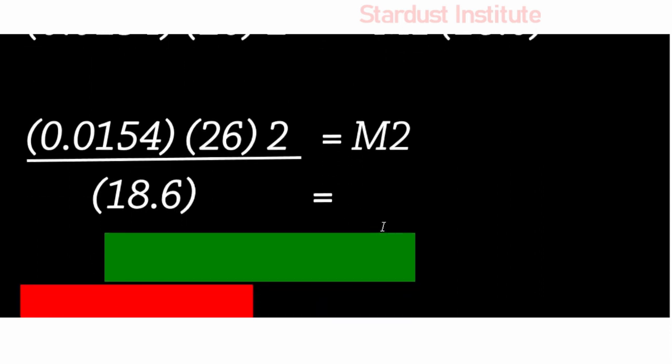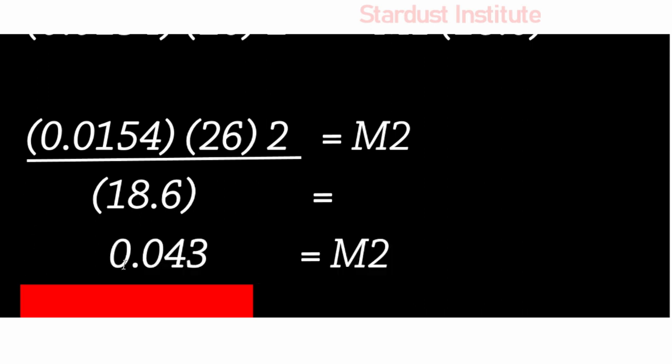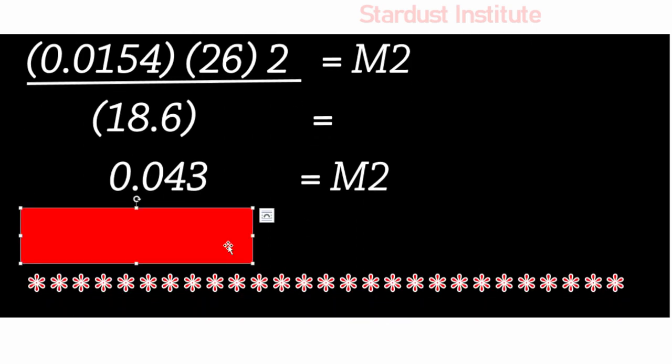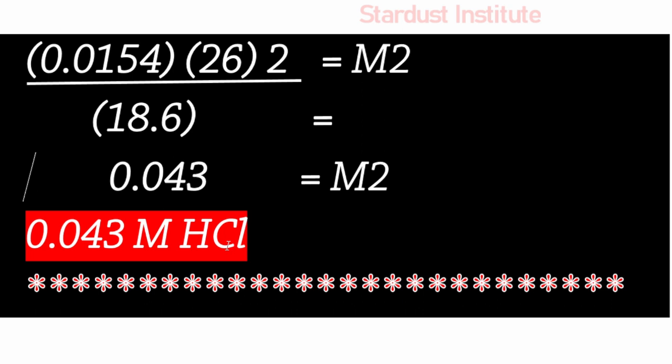Using your calculator, you can find the answer: 0.043 M2. That means molarity of this HCl solution is 0.043.